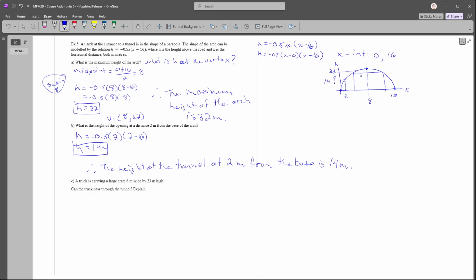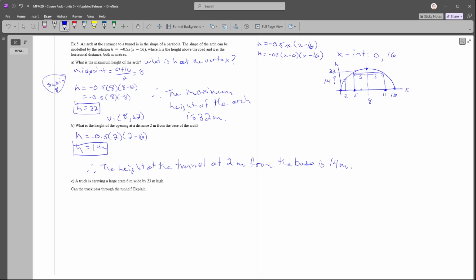Each half is going to be 3 meters wide from the left to the right: 3 meters this direction and 3 meters this direction. So what does that tell us about these points? We know that they're 3 meters from the 8 meter mark. So that means that this one is going to be at 5, 0, and this one is going to be at 11, 0.